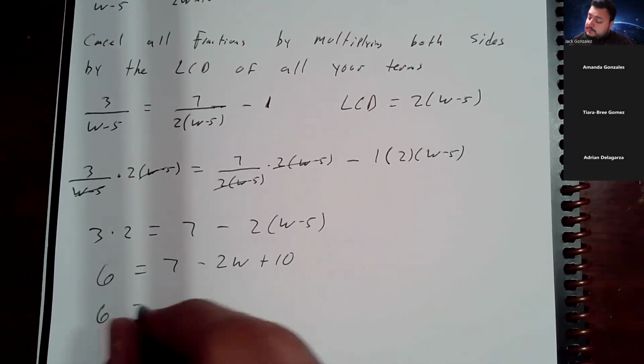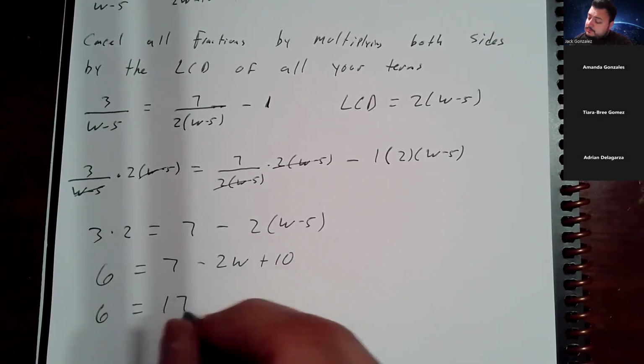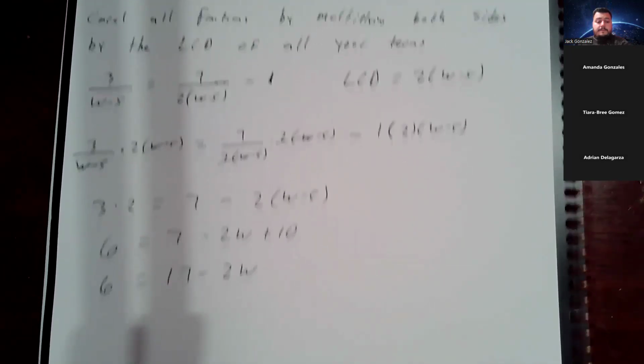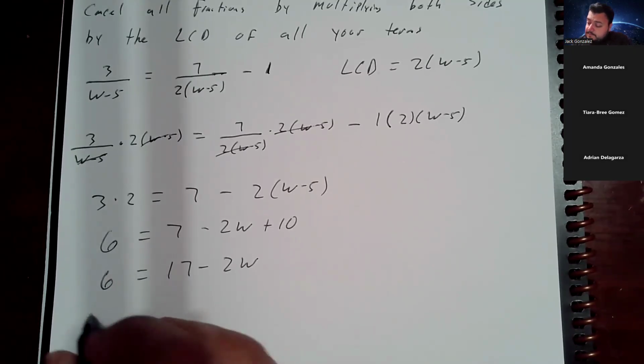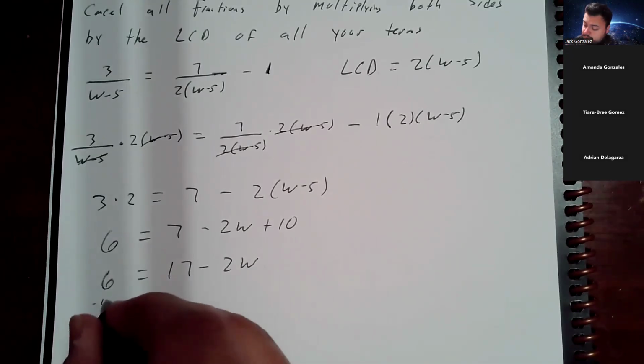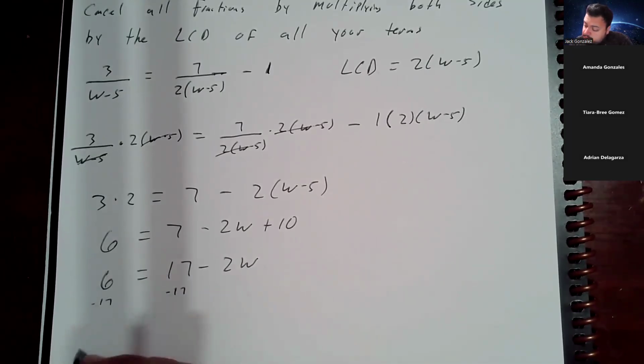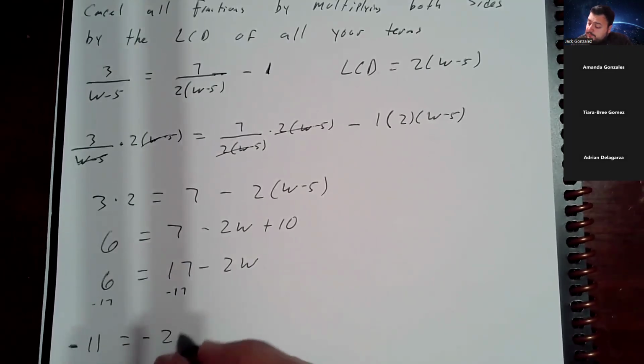Combine like terms. 7 plus 10 is right here. Now we have to solve for w, so we've got to get all the numbers on the other side. So subtract the 17 over here. So 6 minus 17 is what? Negative, right?